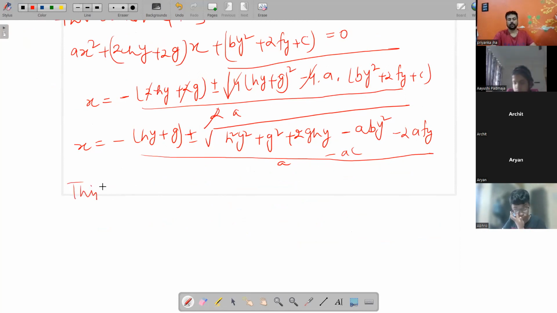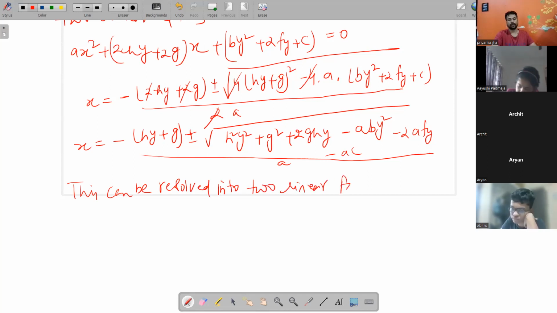So this can be resolved into two linear factors only when whatever we have inside the square root is a perfect square.